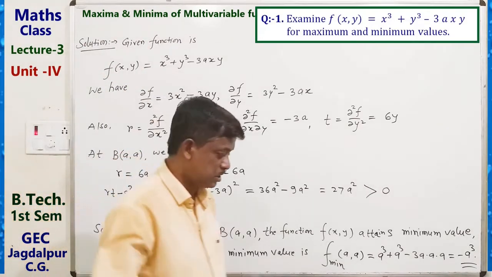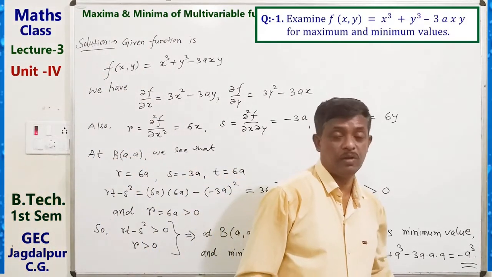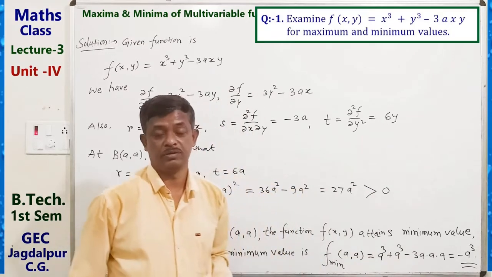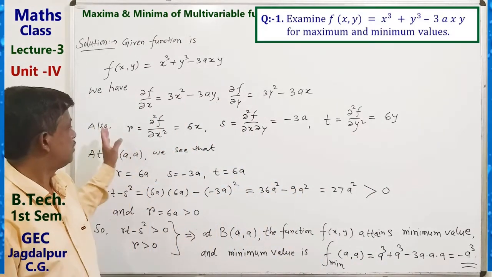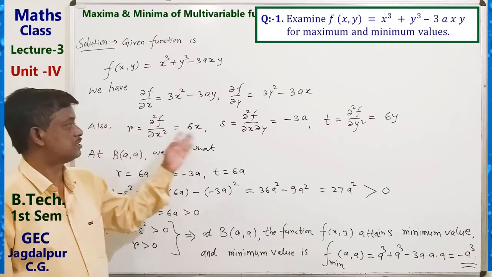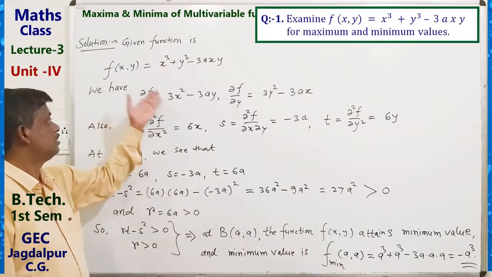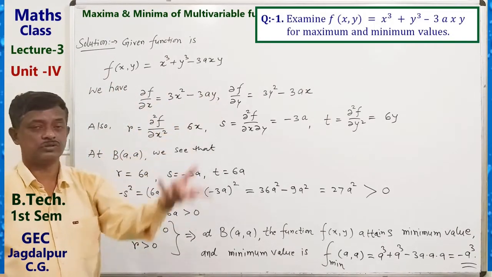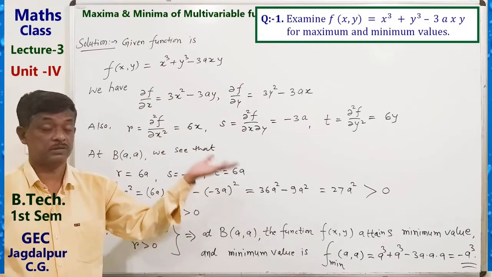Okay, so this is the process for finding the maximum and minimum value of a function of two variables. Here, the main thing is what? Just find p and q, the first order derivatives, and equate them to 0. Then the necessary condition gives stationary points.